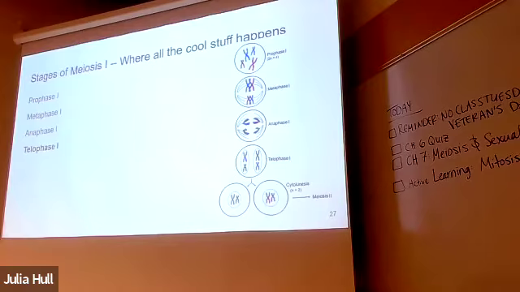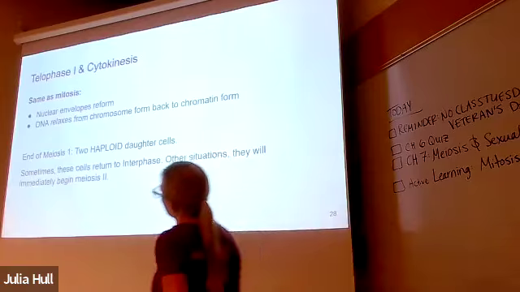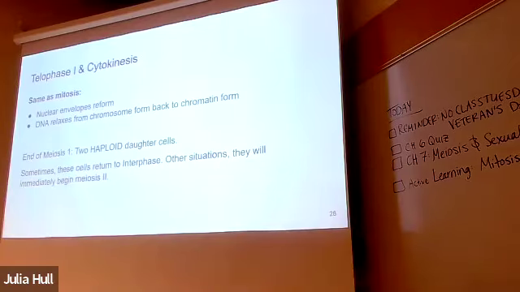Then telophase 1, yawn, this is the boring stage. Same things we see in mitosis. We relax the chromosomes back into chromatin and reform our nuclear envelope. We're only halfway there, but at the end of meiosis 1, we have 2 daughter cells that are haploid.